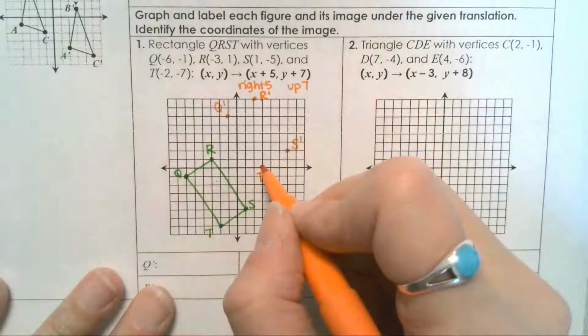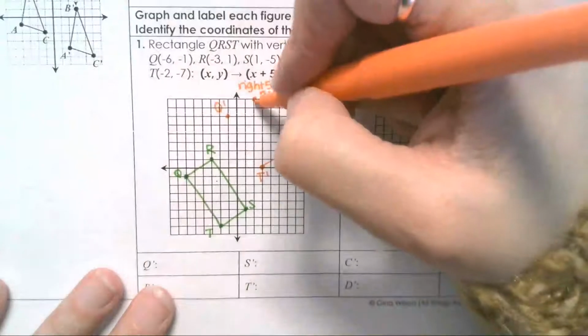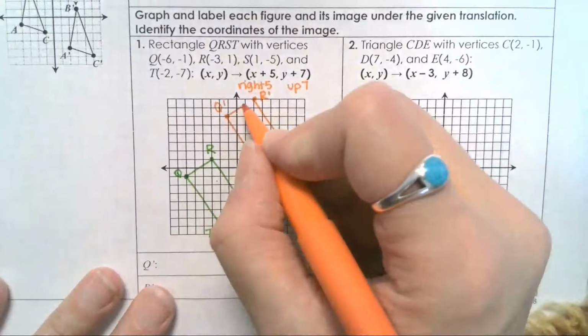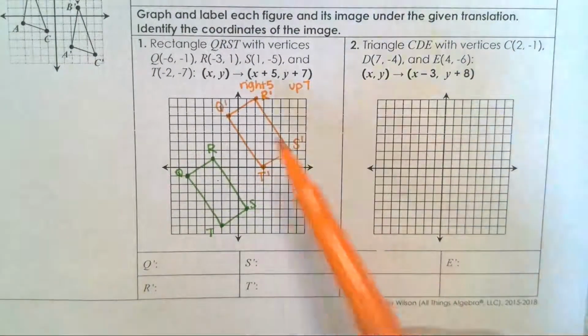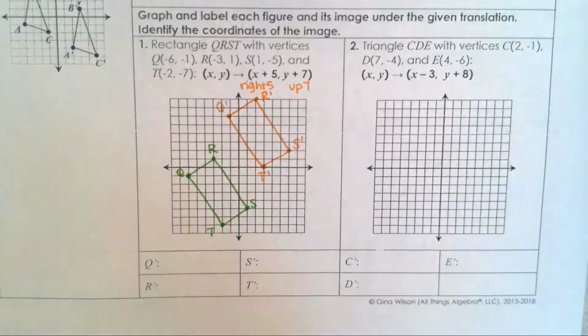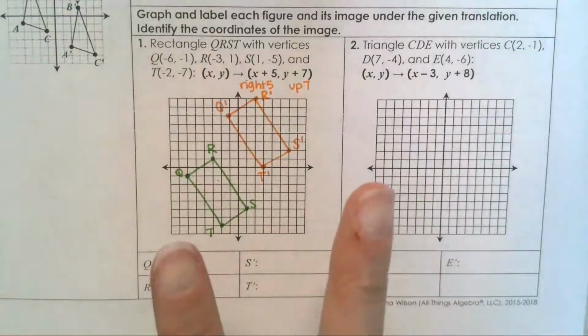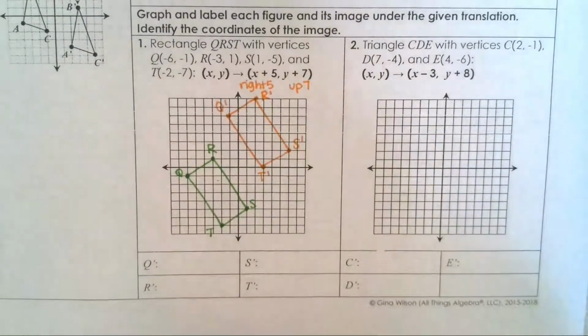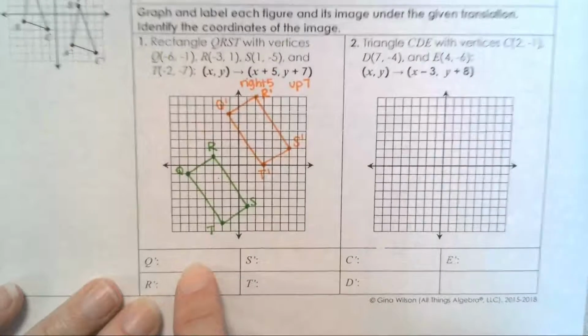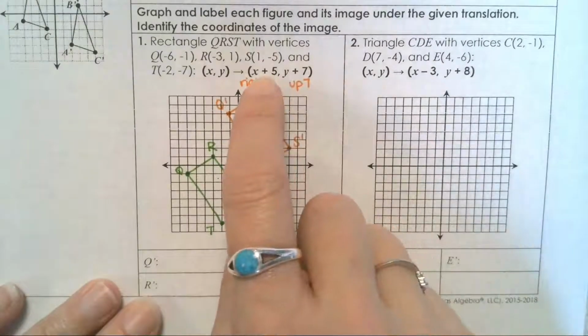Now I can connect them, and my two shapes should look exactly the same, be the same size. The sides should be the same length, but it just should be showing up someplace else on my graph. Now, there's two ways that we can move forward from here. We can either count where these points are to write out our coordinates at the bottom, or we can use our coordinate notation to figure that out.